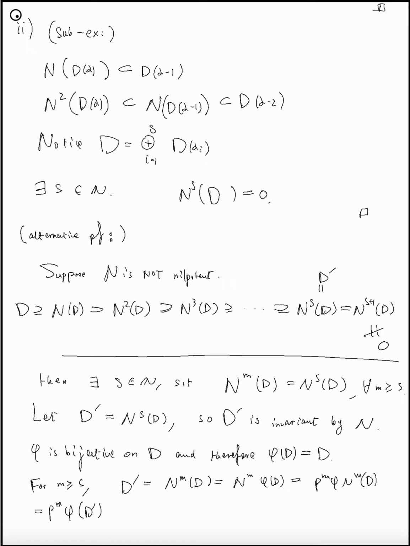Because p is invertible, again D prime is stable, I mean bijective.